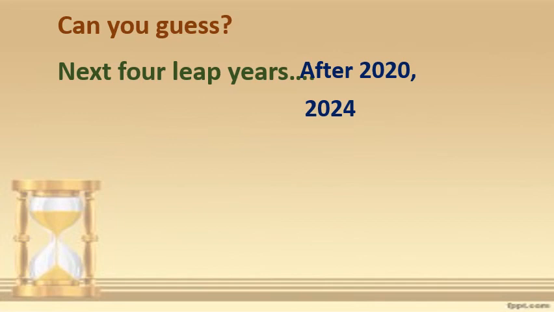Right? Next, after this, yes, very good. There is a 4-year difference, so 2028. Nice. After that, 2032. Correct. Yes, dear students. After 4 years, we get a leap year. Right? Okay. See this. 2034.